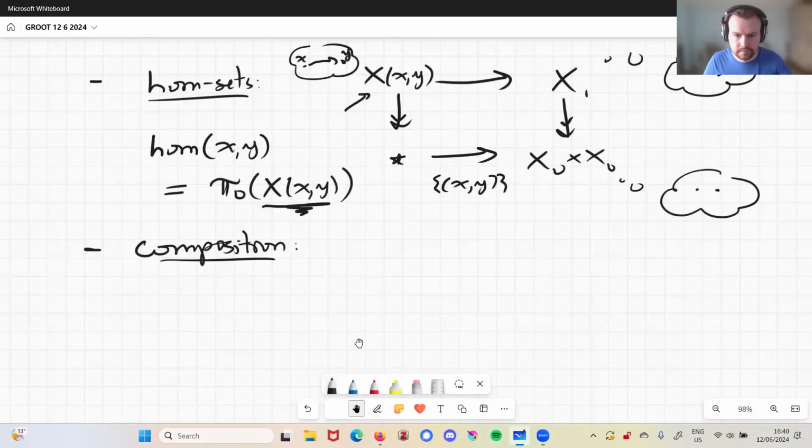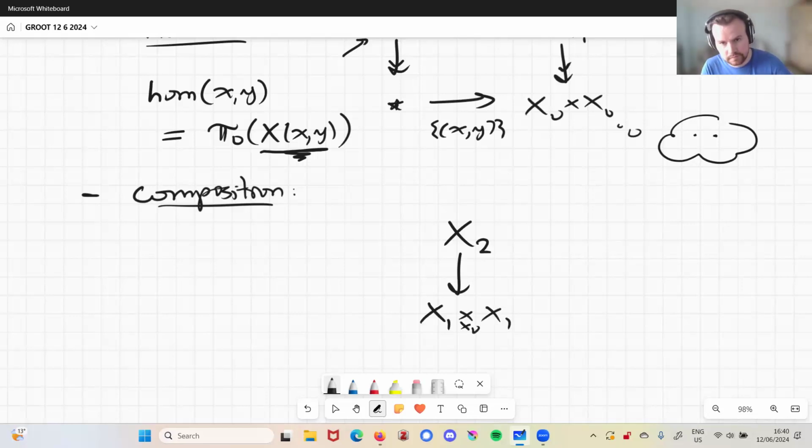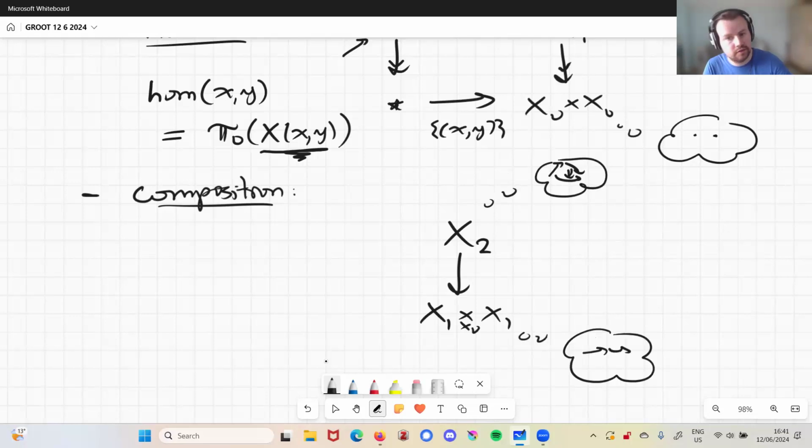So let's look at our Segal maps again. In particular, Segal maps level 2. This thing here is the infinity groupoid of chains of length 2 together with a composite. Here, this is the infinity groupoid of just chains of length 2 without any particular composite. This is a trivial fibration.